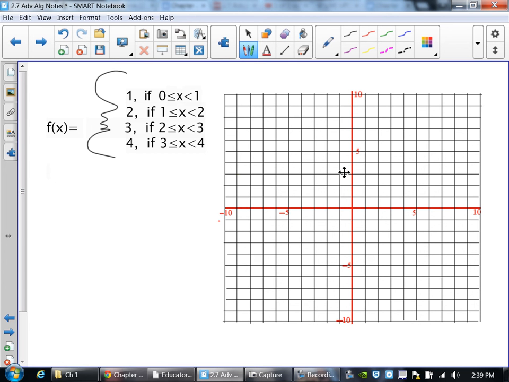So f of x equals 1 is a horizontal line that goes through 1. But I'm only going to graph that line between 0 and 1. Do I include or exclude 0? And do I include or exclude 1? I include 0 and I exclude 1.